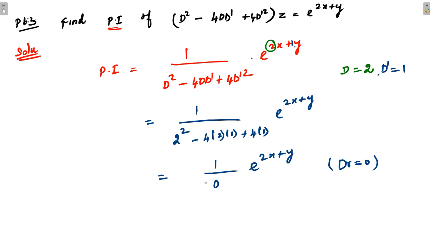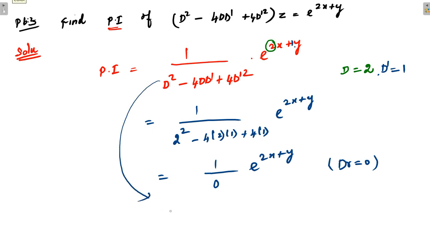So in this case what do we do? The answer for the partial differential equation should be finite, but here you get infinite terms. For that you have to do it in a different way. Suppose the denominator is going to be 0, then you have to go back to this step.